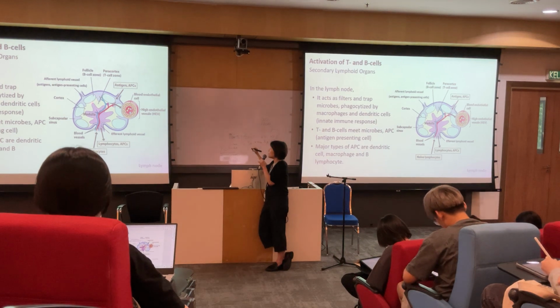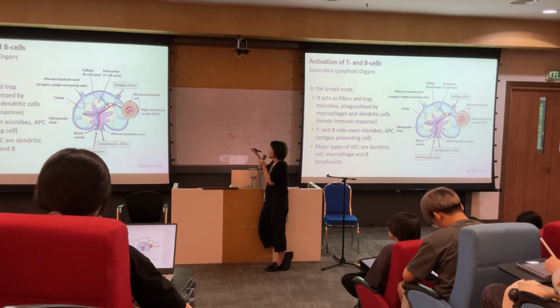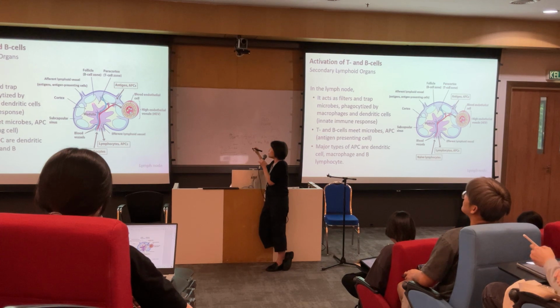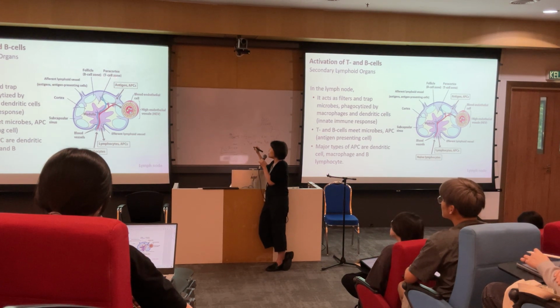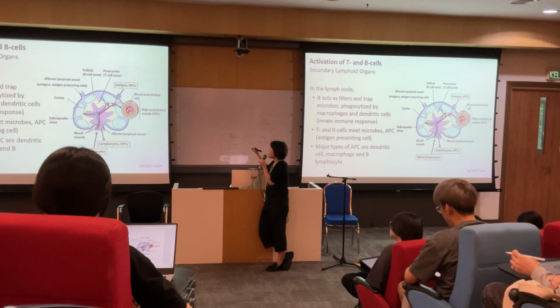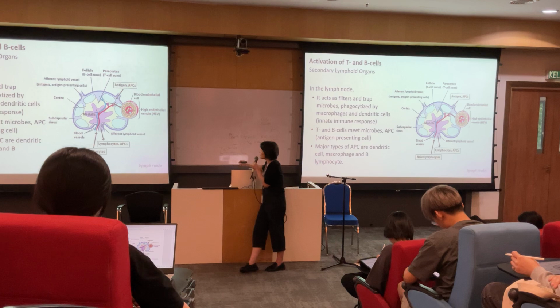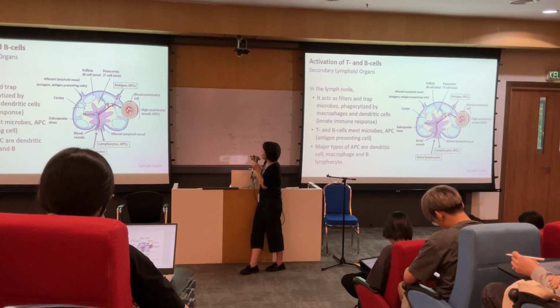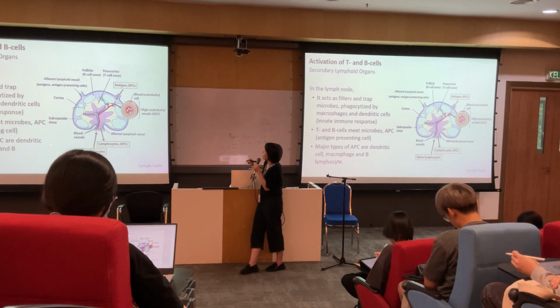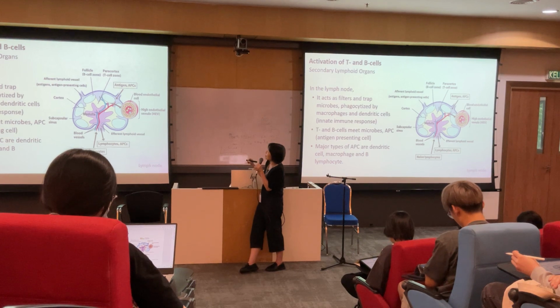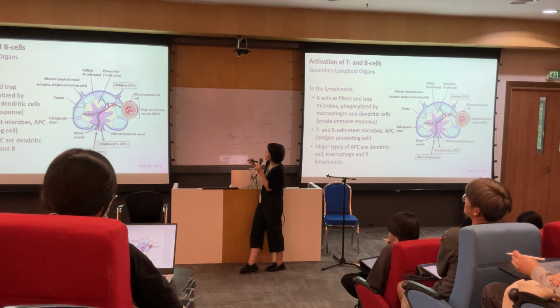T cells and B cells have different localizations. B cells will be localized or reside in the cortex, in the follicle, and T cells will be in the paracortex, or you call it the T cell region. So they will encounter here: the B cells and T cells are going to meet the microbe or APC.